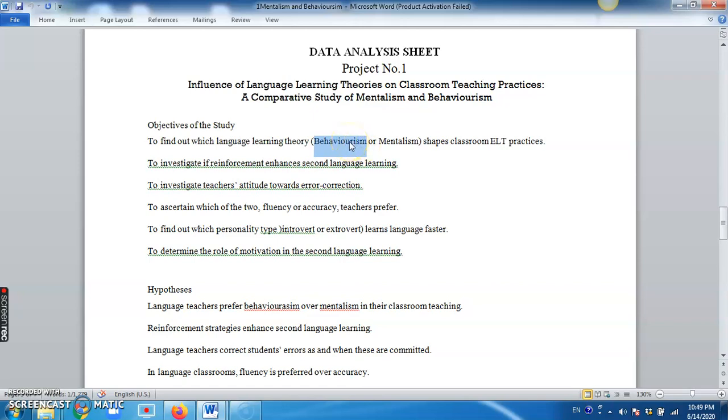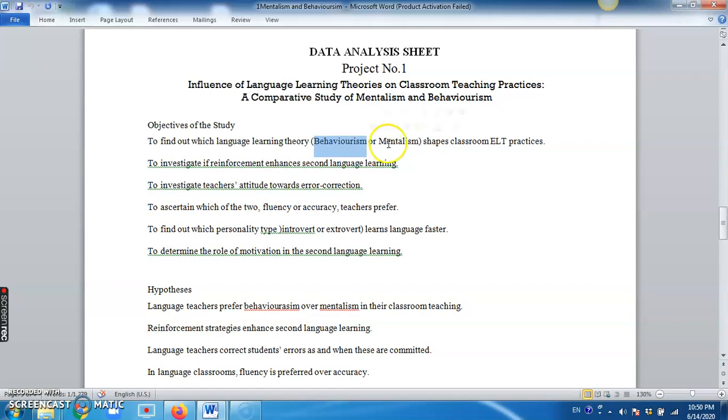If a teacher is influenced by behaviorism, he or she must be utilizing repetition in the class, a learning by doing approach, making students practice again and again, drilling techniques, and reinforcement strategies being applied, with students being encouraged and errors and mistakes being corrected as and when they occur in classroom teaching.